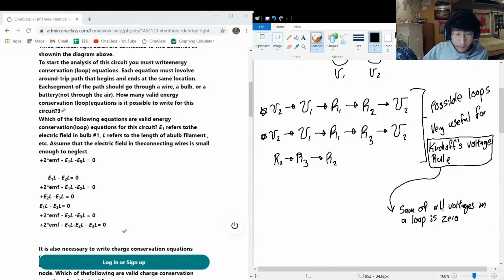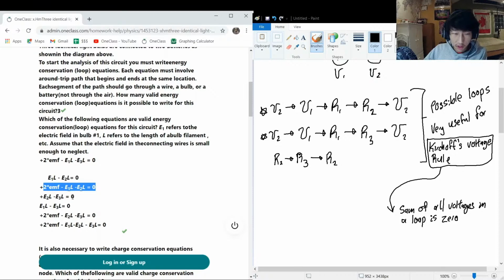Hopefully you can see that highlight. Okay, you can. So this one is good, and this one is good. And our last one is just going to be R2, R3, and then back to R2. But we're not going to write R2 twice; we're going to put them in just once.